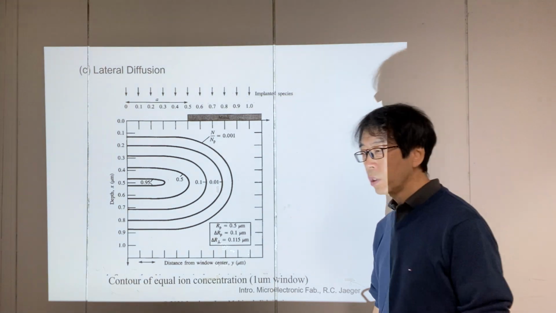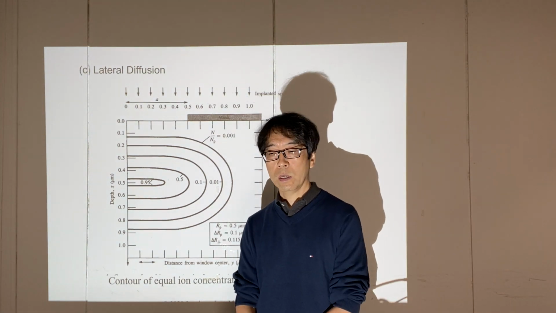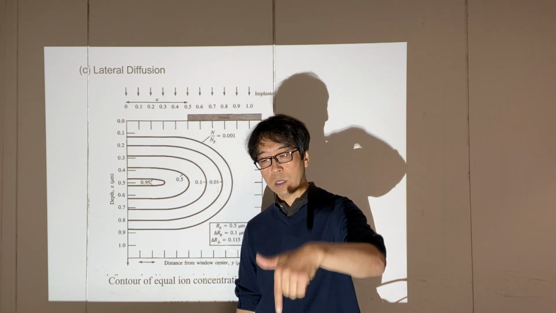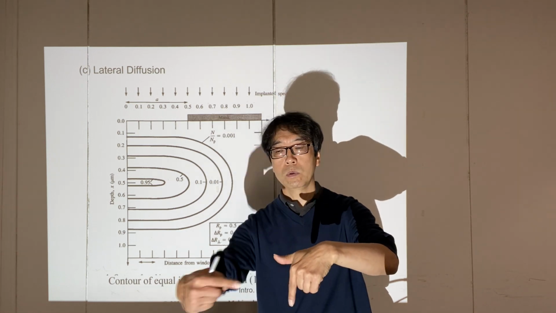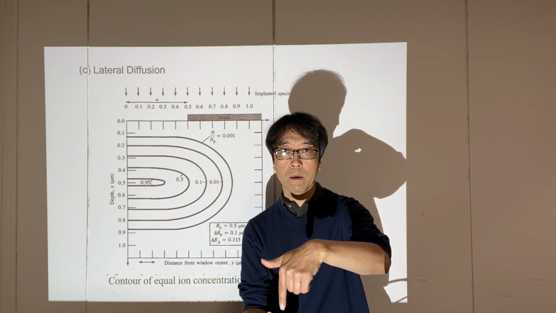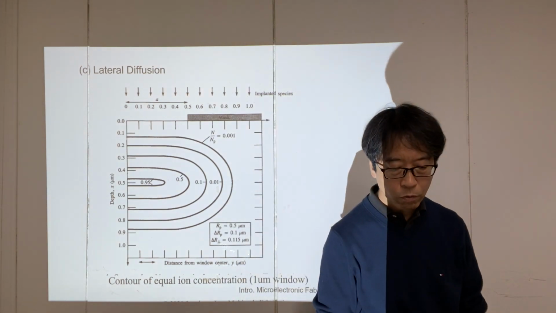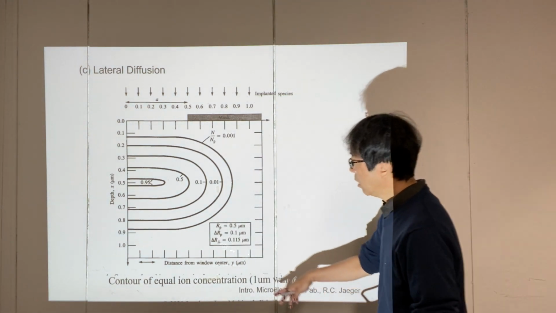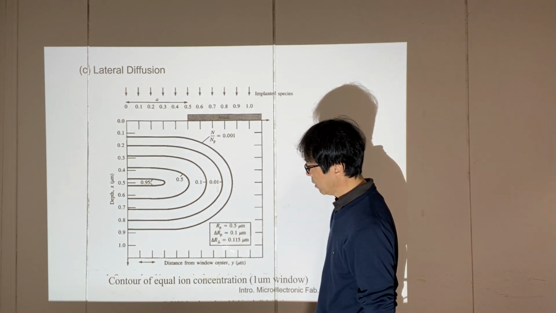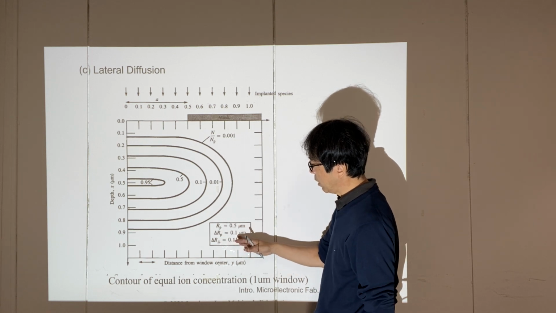And you also need to consider the lateral distribution because this scattering not only occurs into the silicon but also along the surface of the silicon because they will scatter out. Okay. In that case, we use delta R orthogonal. That will be pretty much similar to delta RP right here.